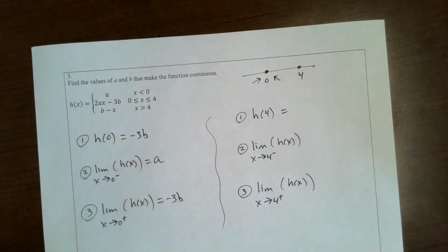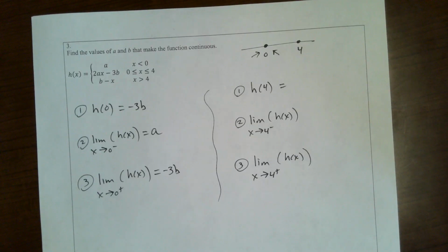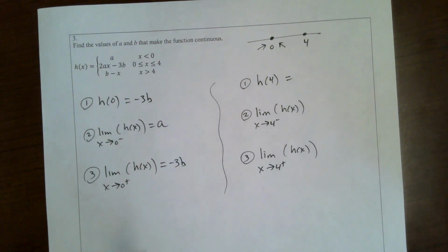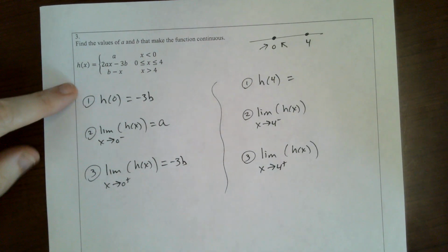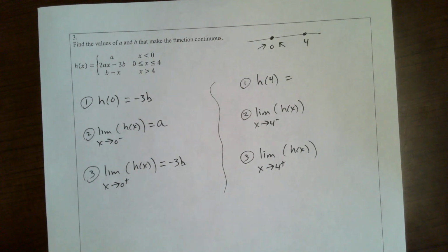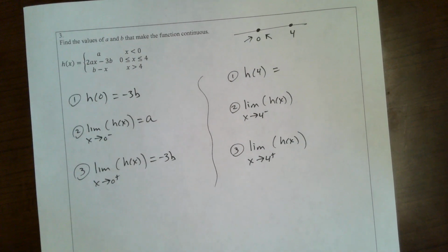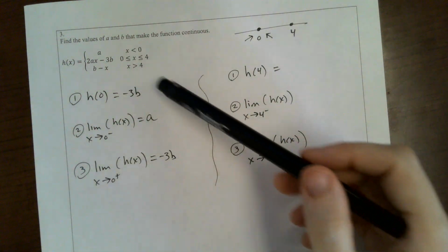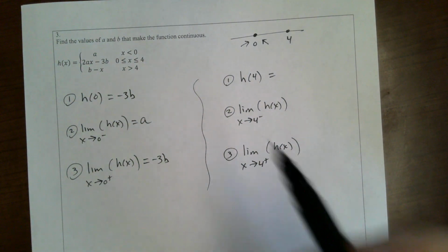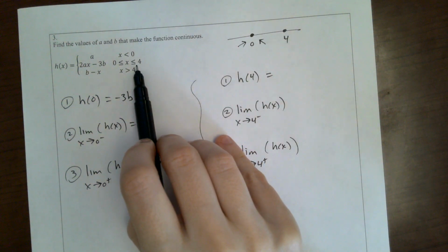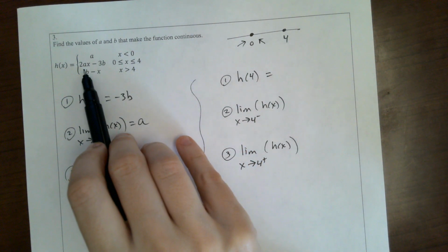Okay. All right, guys. So hopefully you're able to follow what I was writing without speaking. But yeah, I have to do the 3-step continuity test at 0 and 4. And when I do it at 0, I end up getting these results. And now at 4, so h of 4, I'm going to be plugging this in for x.